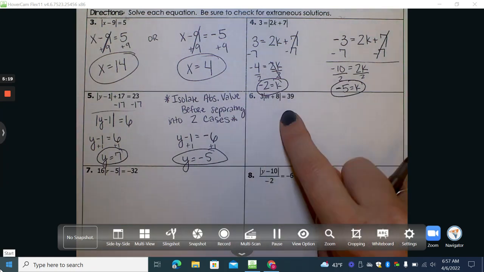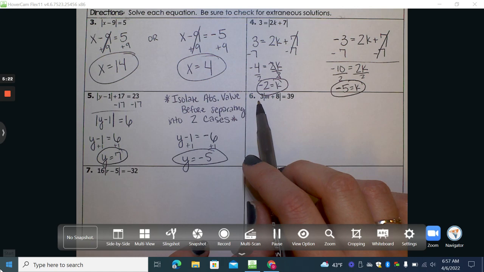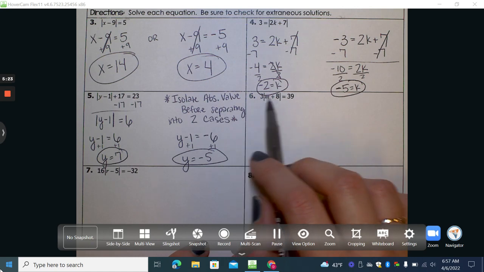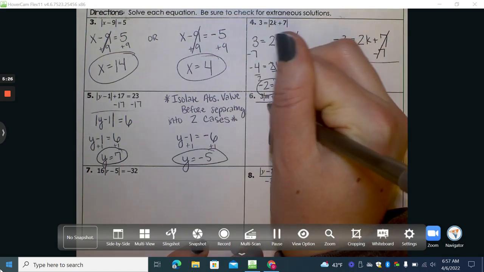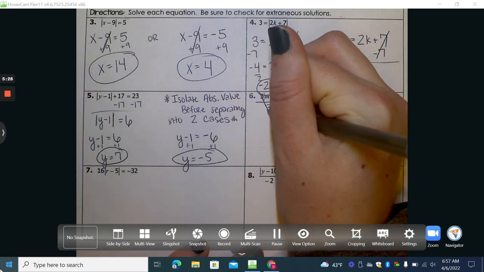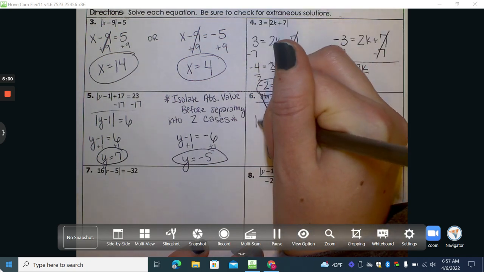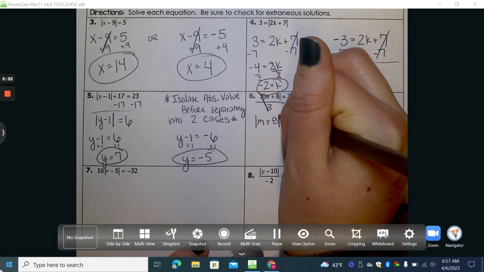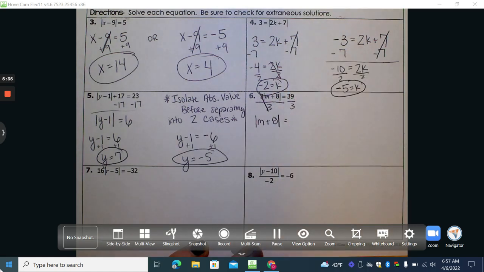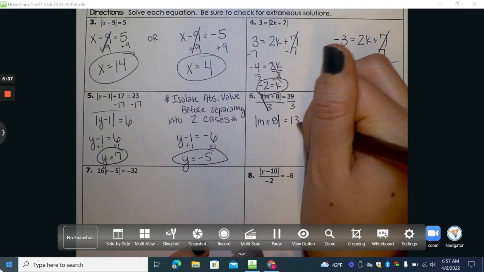With number 6, I have a 3 hanging outside of my absolute value symbol. That is being multiplied, so the inverse would be to divide both sides by 3 in order to isolate that absolute value symbol. 39 divided by 3 is 13.